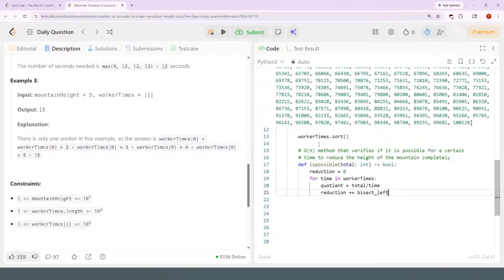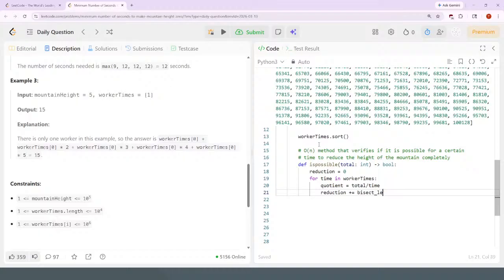This is horrible. This is n log n for workers to find the thing, and then I have to do n log n to do binary search.